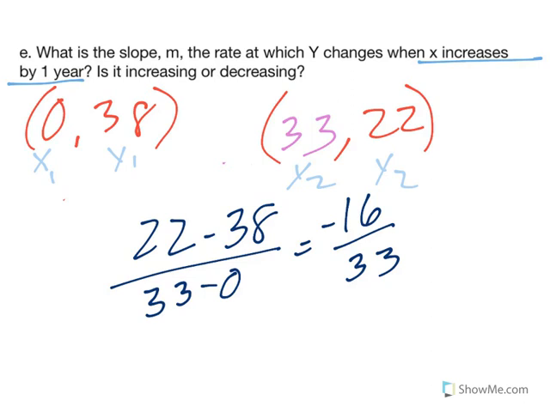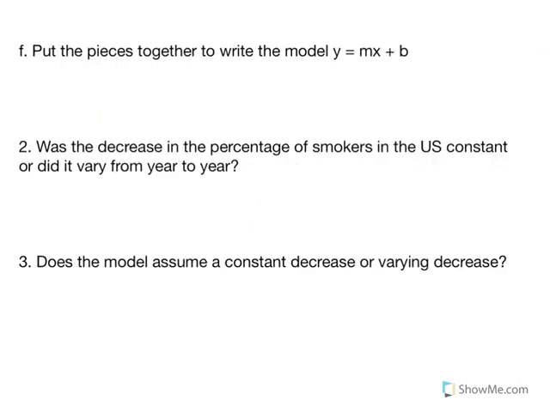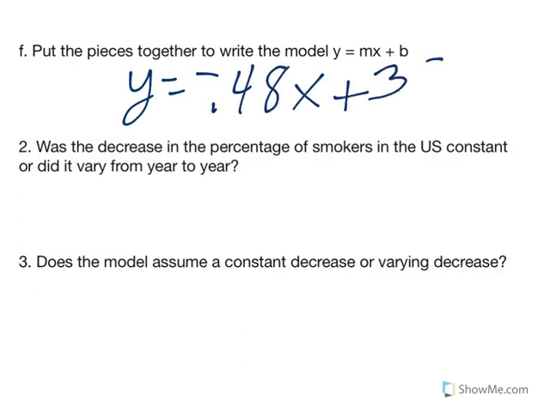If you just divide these, negative 16 divided by 33, you get negative 0.48, which would be over 1. So you want to do that if it tells you 1 year. That means you want a 1 in the denominator. And this is decreasing because it's negative. So we have a slope of negative 0.48. Now if we're going to write our equation, it's negative 0.48x. My y-intercept is 38.